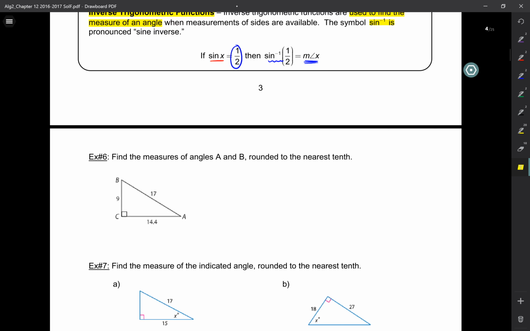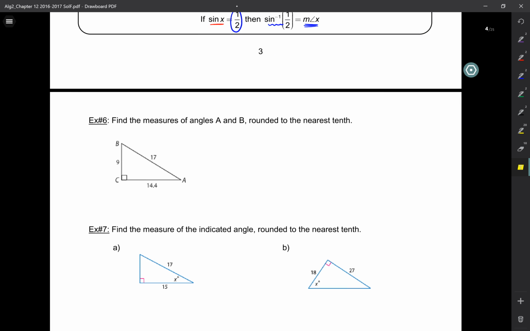Okay, so here we go. Let's find the measures of angle A and B. So let's find angle A first. Here's angle A. Let's pick two sides, randomly. I'm going to pick this one and this one. Can we label those as opposite, adjacent, or hypotenuse? What's the 14? Adjacent and hypotenuse. So what will we use? Cosine.